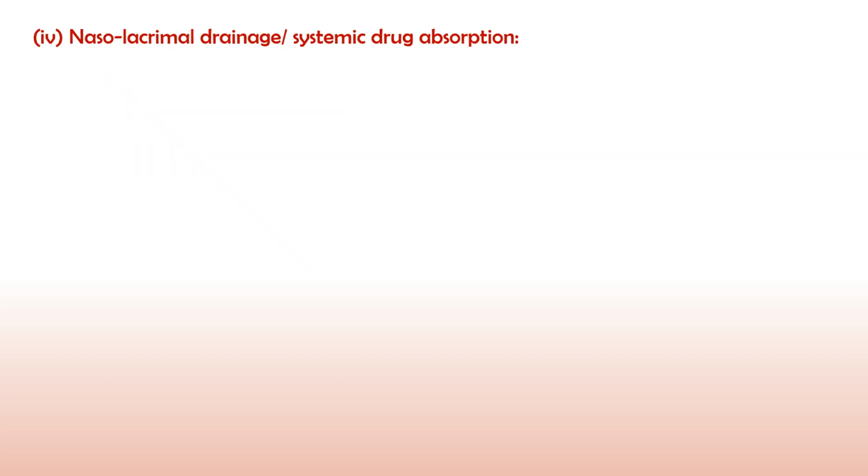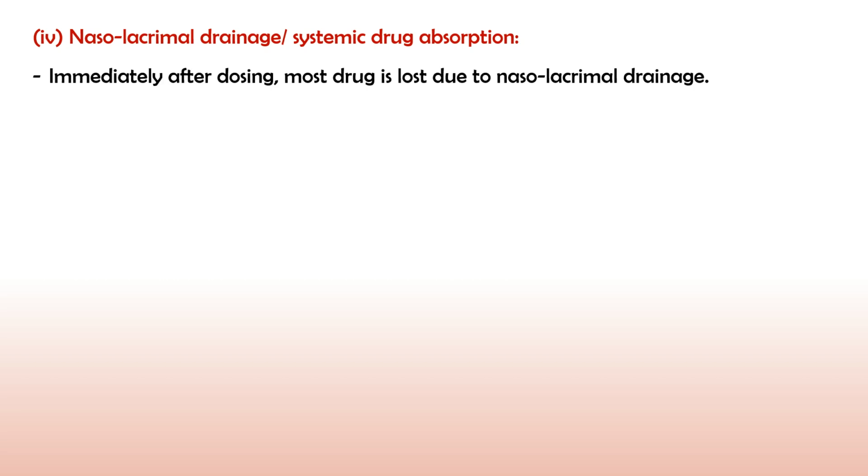The next factor is nasolacrimal drainage or systemic drug absorption. Immediately after dosing, most of the drug is lost due to the nasolacrimal drainage. Now in our eye, lacrimal ducts are present on the upper and the lower side. So what happens whenever a drug is instilled? It moves into that duct, and that duct is connected to your nose.